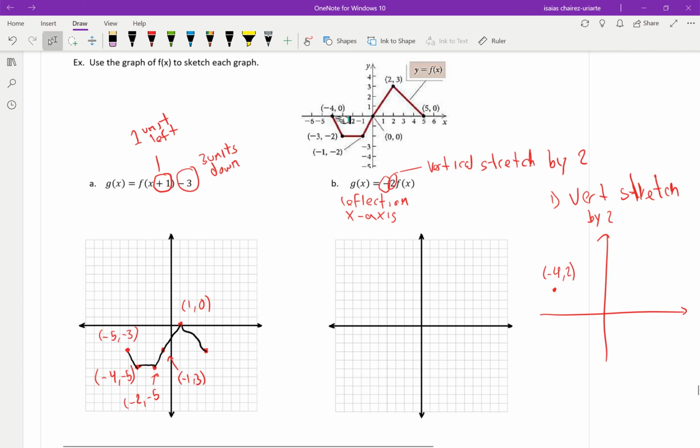Now this point right here, which was originally negative 3 comma negative 2, now it should be at negative 3 comma negative 4. Let me try to label it down here. And then this point right here, negative 1 comma negative 2, now should be negative 1 comma negative 4.